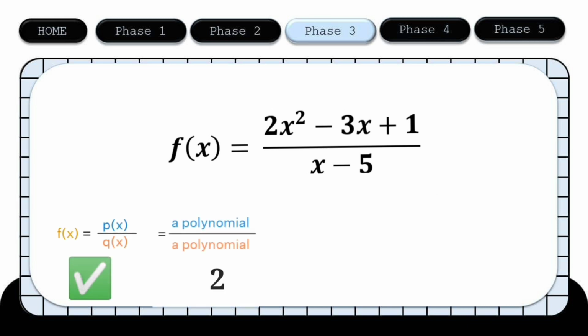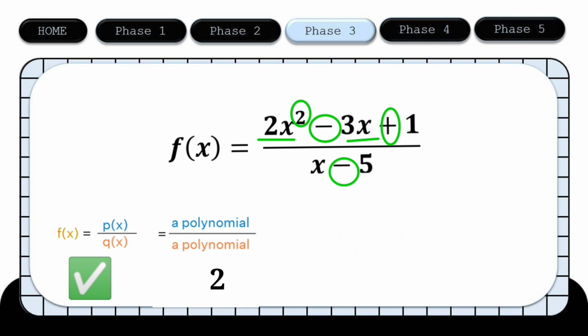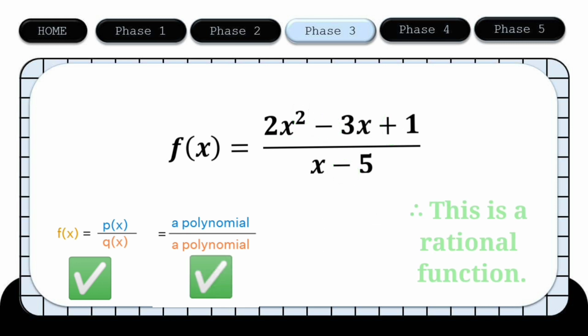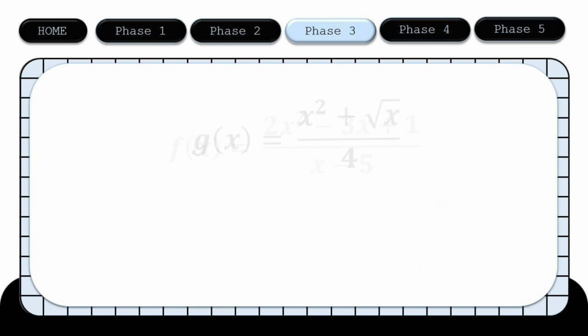Both numerator and denominator are polynomials. Paano pag sinabing polynomial? Yung operation lang na nandito na matatagpuan dapat sa polynomial ay addition, subtraction, multiplication, at nakaraise lang dapat sila sa positive exponent. So check ang ating first given. Lalo't yung kanyang denominator hindi naman equal sa 0.